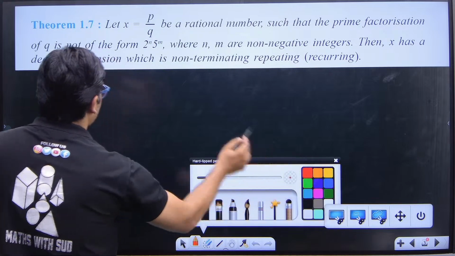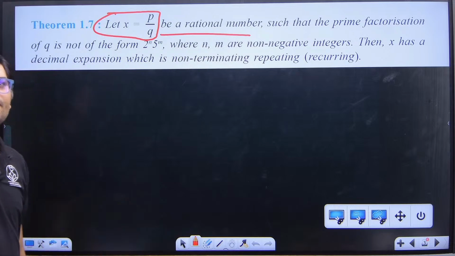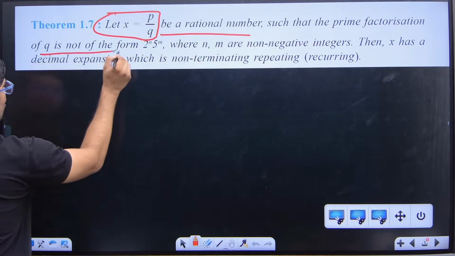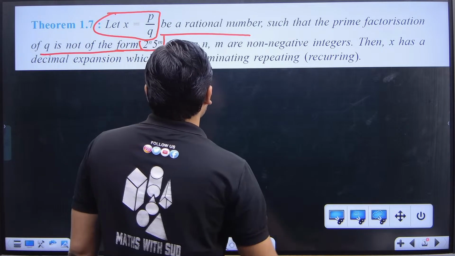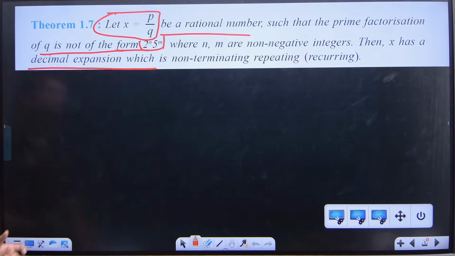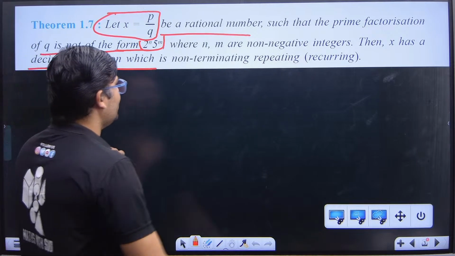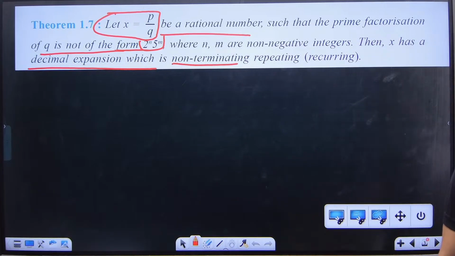Let x = p/q be a rational number such that the prime factorization of q is not of the form 2^m 5^n, meaning it has some other number apart from 2 and 5, where m and n are non-negative integers. Then x has a decimal expansion which is non-terminating repeating. Non-terminating repeating means it does not terminate, so it keeps on repeating. For example 1/3, 1/7, 2/7, 3/7, 4/7, 6/7, 8/9, 9/11. They will always repeat.